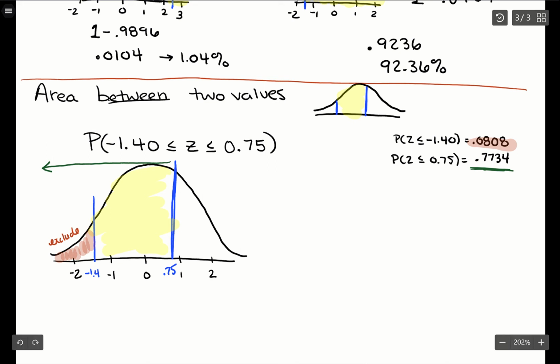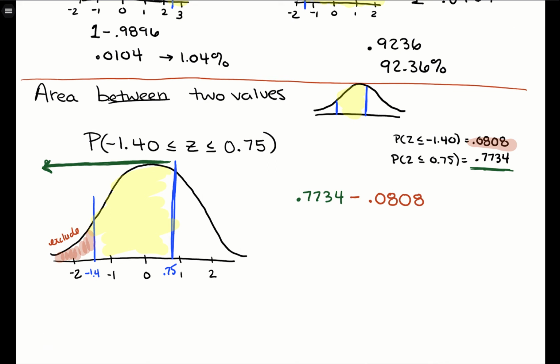So we have this large area that's been calculated. And to get the area that we're actually interested in, it's like we want that 0.7734, but we want to exclude that area that's to the left of the negative 1.4. So we want to take out that area of 0.0808, because then that will leave us with just the area in between the two values.